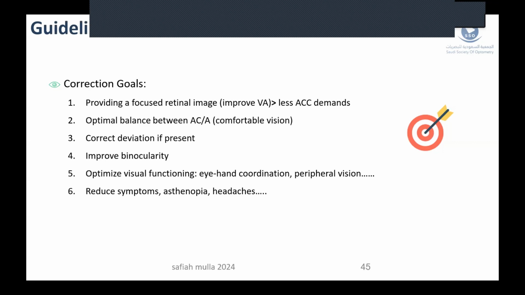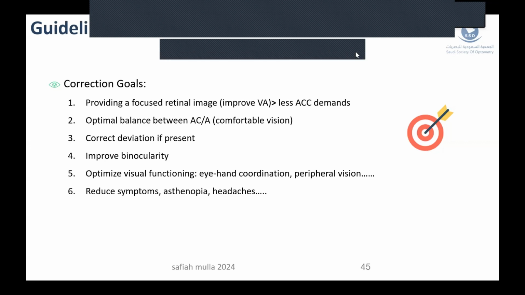So we're going to reduce that esotropia or exotropia if there, improve the binocularity of the child, and optimize the visual functioning. So optimize the hand-eye coordination and, for example, the peripheral vision of the child, and reduce symptoms if the child has them, such as asthenopia, headache, and so on.